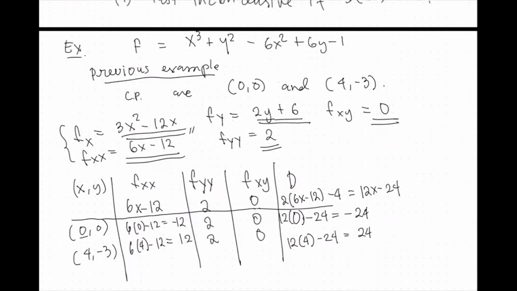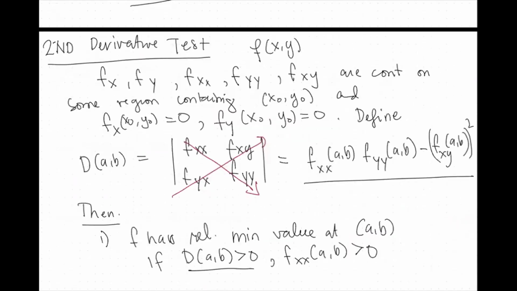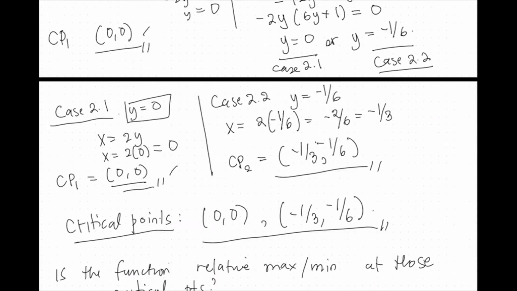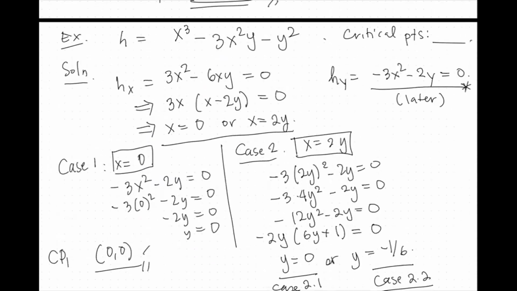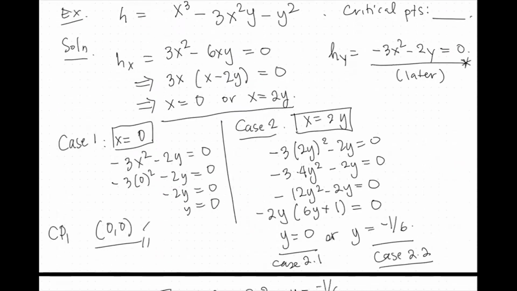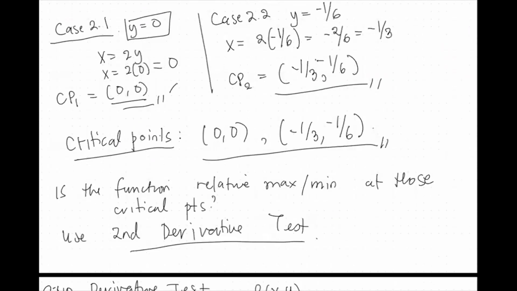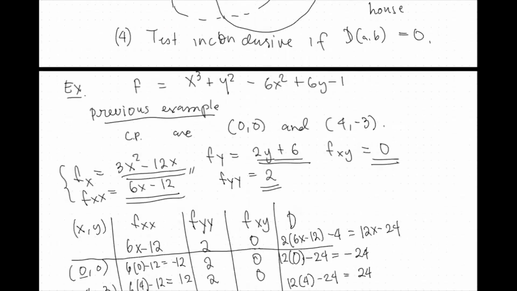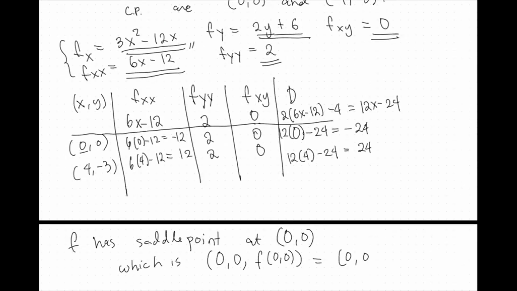If you plug in 0, 0 here, you get, oh, wait. What did we get before? For the first example, oh, 0, negative 3. So I have a mistake. Let me clarify that mistake. Instead of 0, 0, I have 0, negative 3.